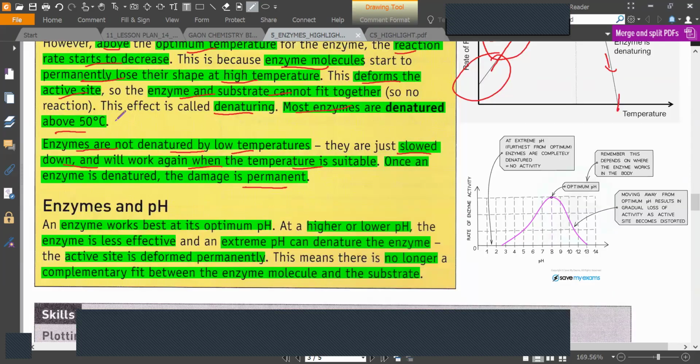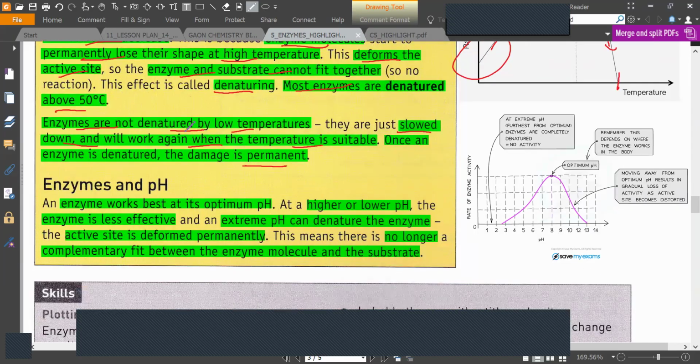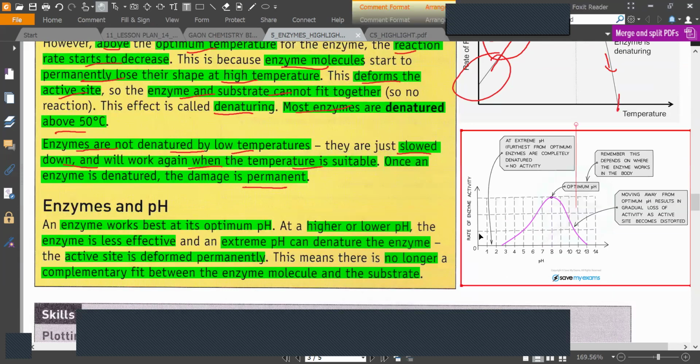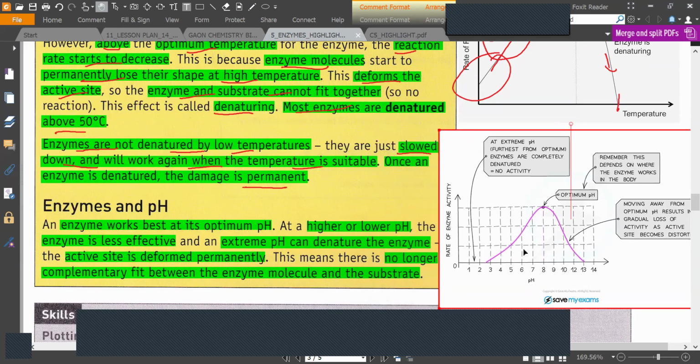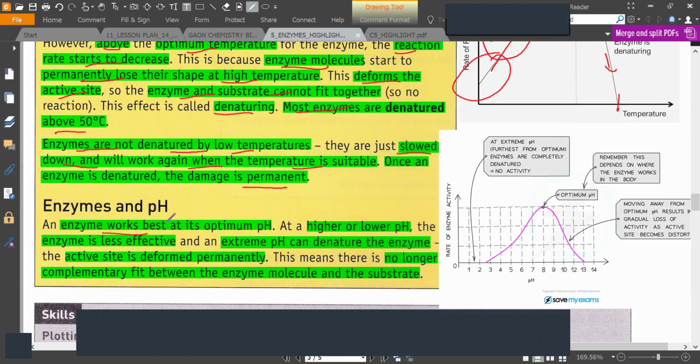So next we will look at enzymes and pH. We need to know how to explain it properly. The enzyme will work best at the optimum pH. At higher or lower pH, the enzyme will be less effective. And at extreme pH, if it is too high or too low, it can denature the enzyme.